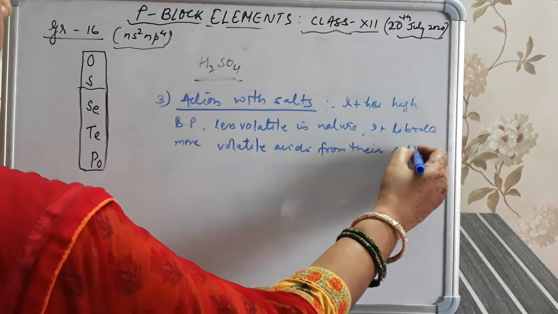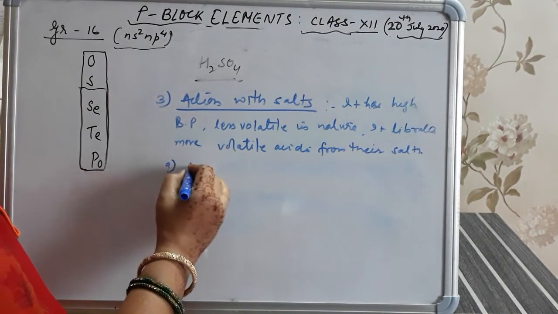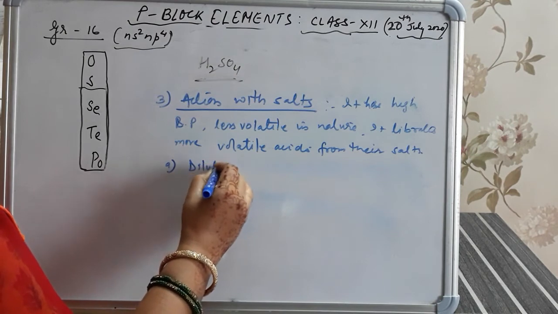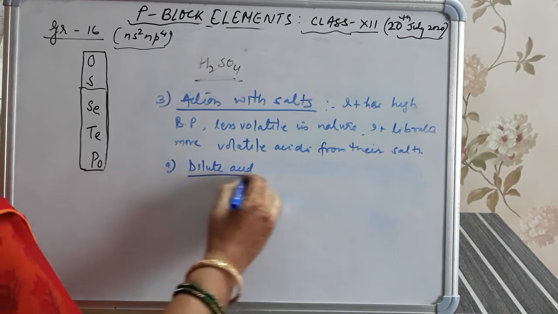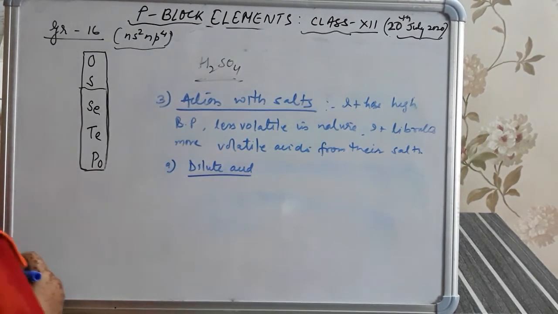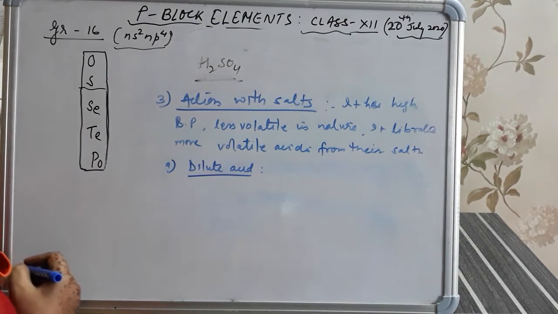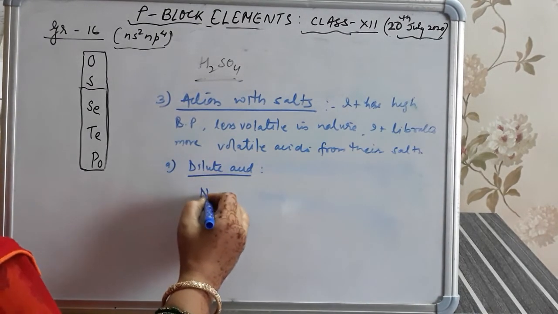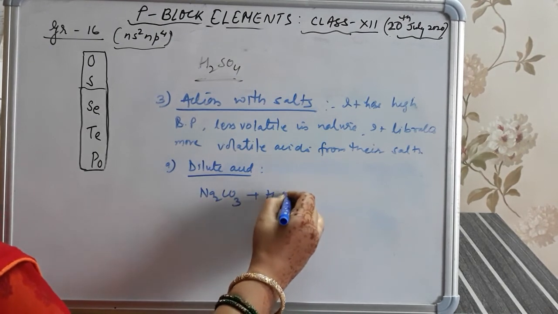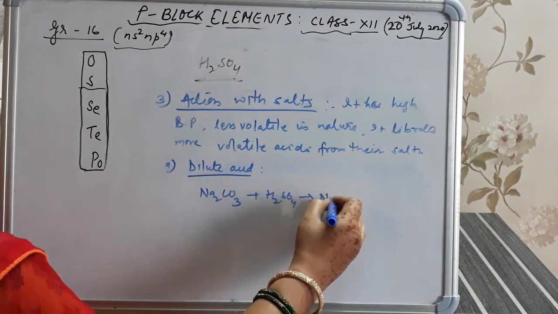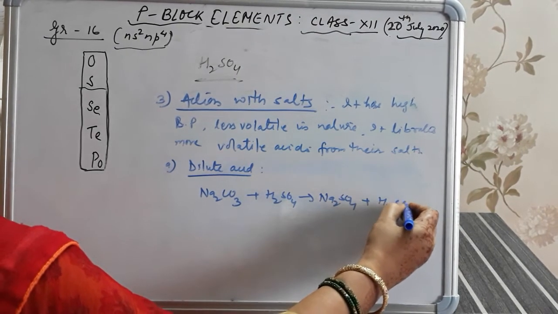For example, with dilute acid, salts like carbonate, sulfate, bicarbonate, and so on are decomposed. When sodium carbonate is treated with H2SO4, it forms sodium sulfate and carbonic acid.